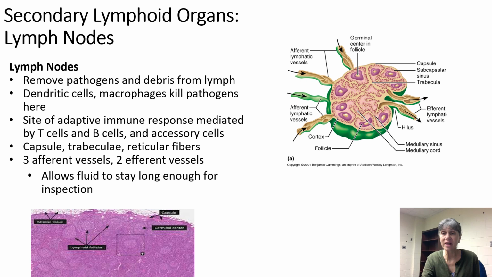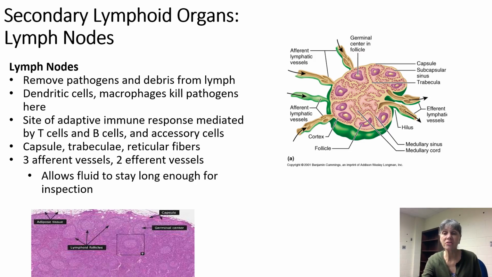Now, you'll notice that the lymph enters the node on the convex side and exits the node on the concave side, where you see the term hilus. So the hilus, or hilum, is that indented portion of the lymph node where the fluid will exit.